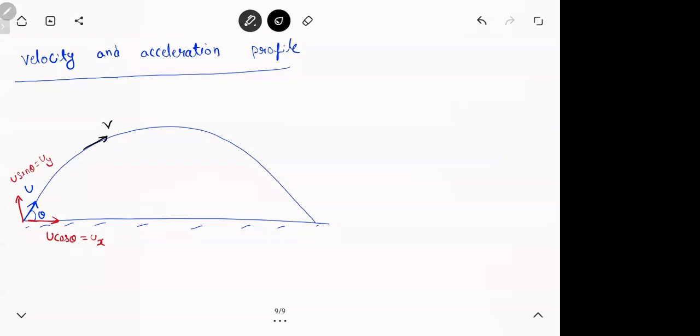This is the velocity, and this is the angle alpha. So v and alpha are the speed and the angle at any instant. As you go up, the path becomes flatter and flatter. It becomes horizontal and then comes down.